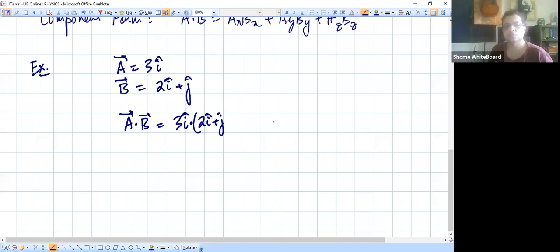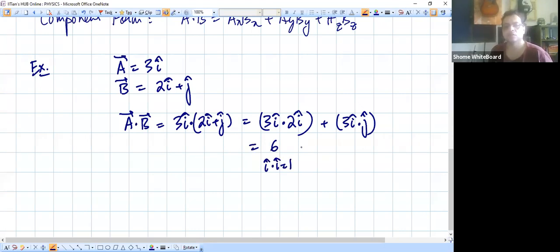So it will become 3 i cap dot 2 i cap plus 3 i cap dot j cap. Now this will become 6, because i cap dot i cap is 1, whereas this will become 0 because i cap dot j cap is 0. So the answer becomes 6.